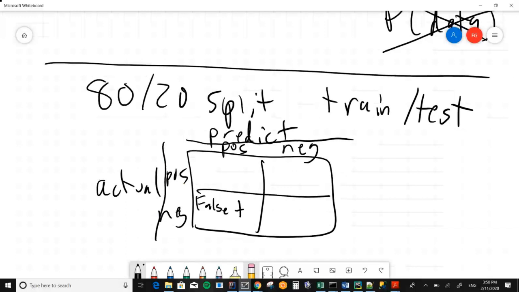Sometimes it'll predict negative, but it'll actually be positive. That is a false negative. When it predicts positive and it's actually positive, and when it predicts negative and it's actually negative, those are good. So you want big numbers here and small numbers here. It's important to have big numbers in both of these places.